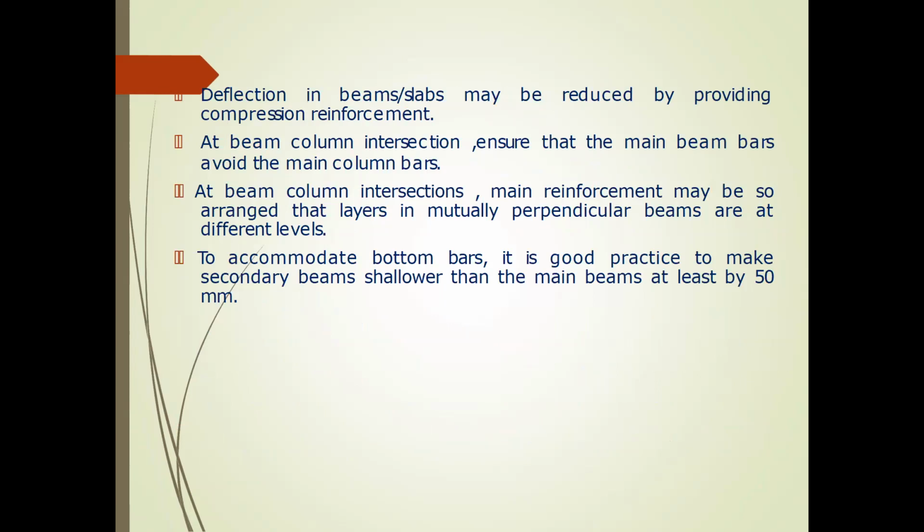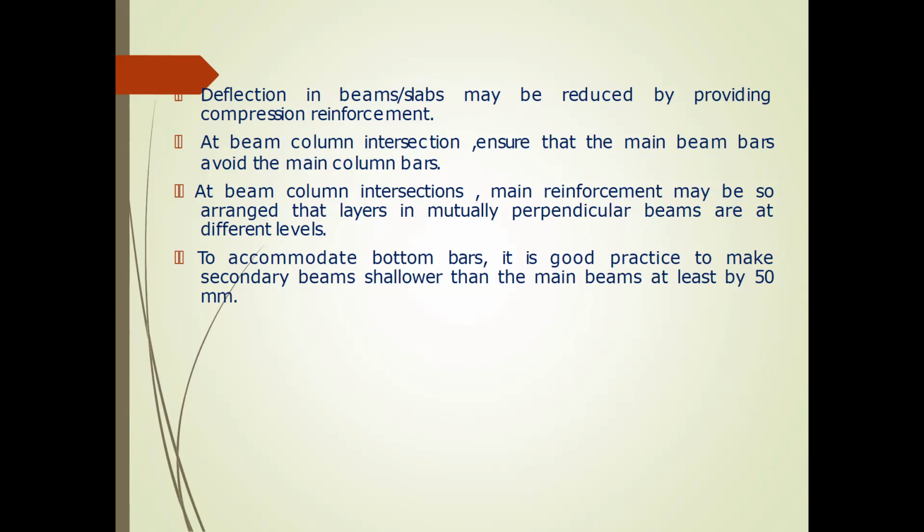Deflection in beams and slabs may be reduced by providing compression reinforcement. What I'm trying to say is, if you provide compression reinforcement, your deflection can be minimized. At all beam column intersections, the main bars of the beam should avoid the main column bars.